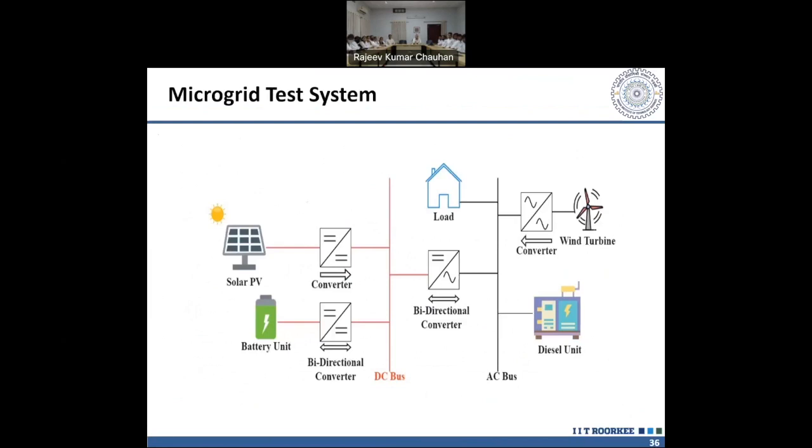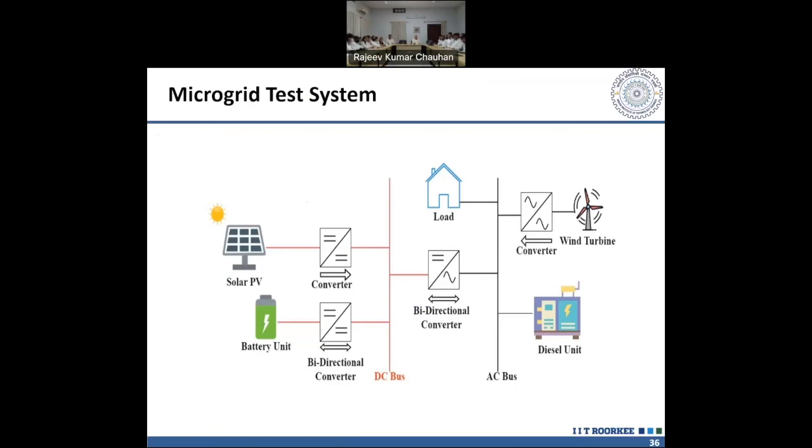The reason for the diesel unit here is that we try to reduce it, but whenever there is no solar and no wind, how will you get the power? In that case, you can have the power from the diesel.